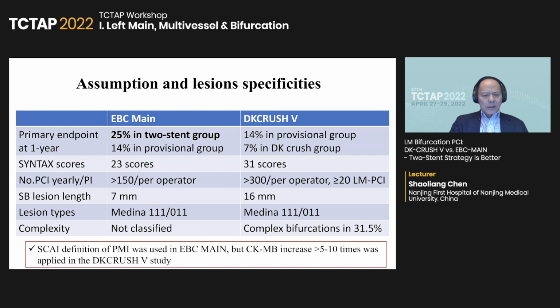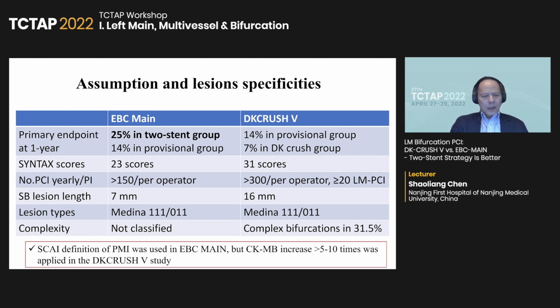According to the study protocol, the expected 1-year MACE rate was 25% in the 2-stent group and 14% in the provisional group. But in our DK-5 study, the 1-year TLF was only 7% in the DK group compared to 14% in the provisional group.